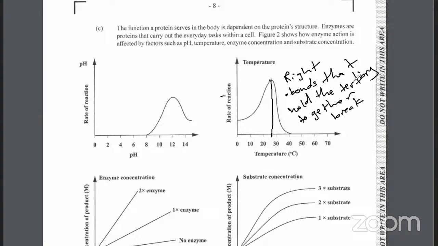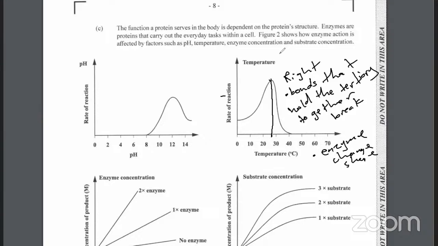So the increased heat causes the bonds to vibrate and break. So at this point, just remember that the bonds are going to break. Once the bonds break, the enzyme changes shape, all right? Enzyme changes shape. Okay. And if it changes shape, it will become denatured.